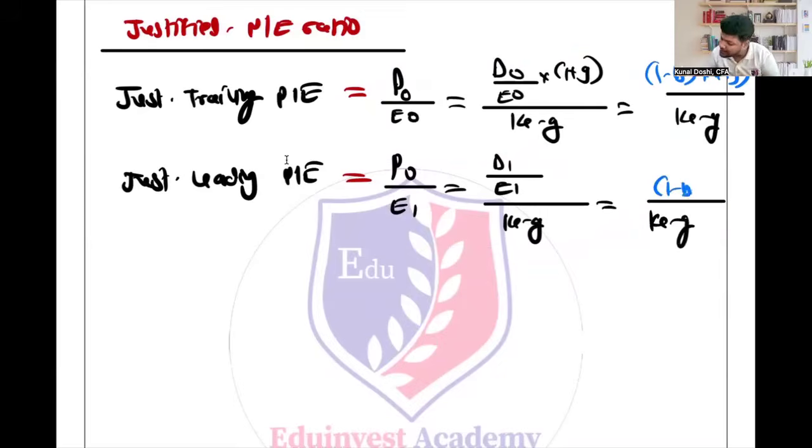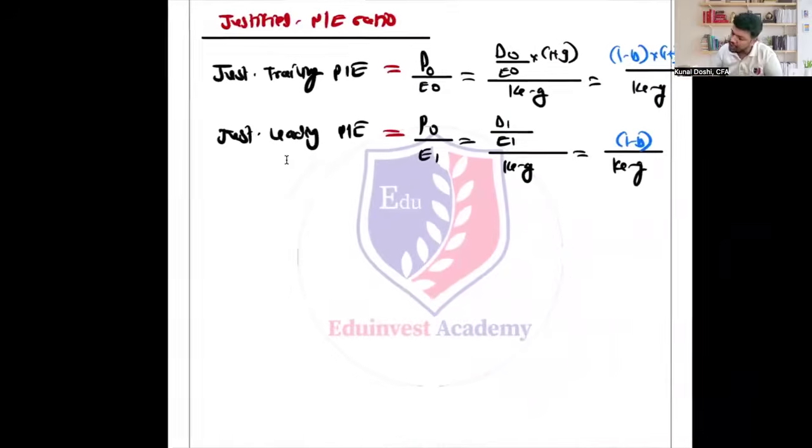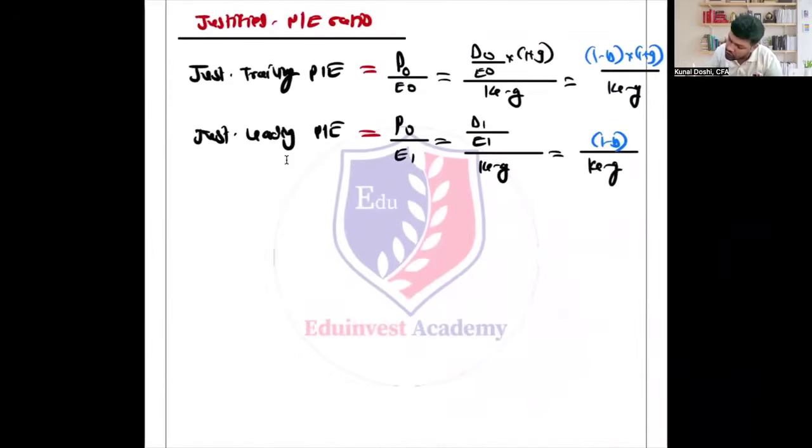So it is simply 1 minus payout ratio. So if you notice, the difference between both is simply due to the growth rate. Everyone, correct? So which one will be higher? Trailing will be higher or leading will be higher? Guys, trailing will be higher, isn't it?